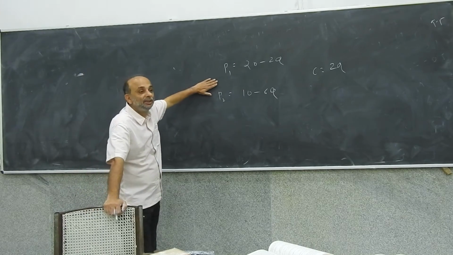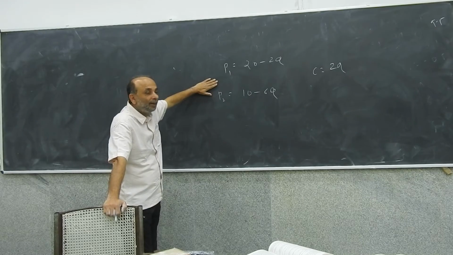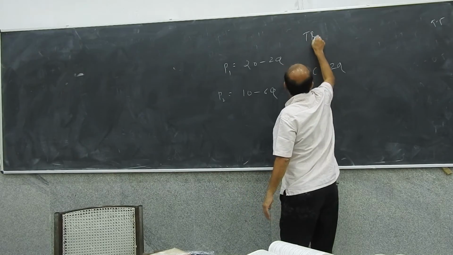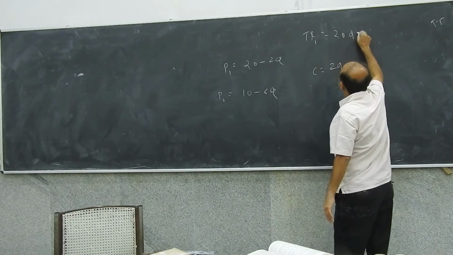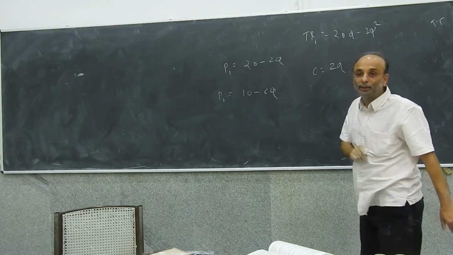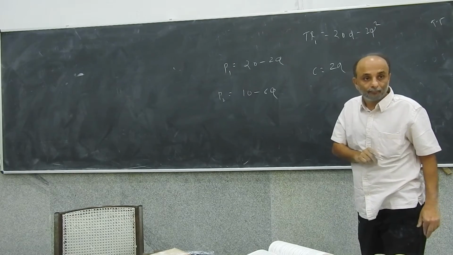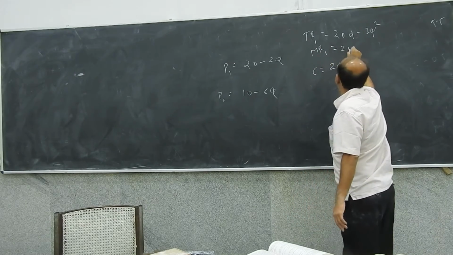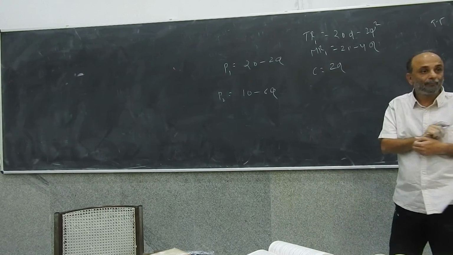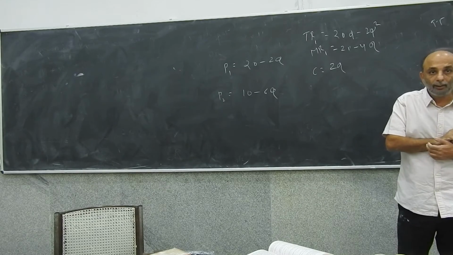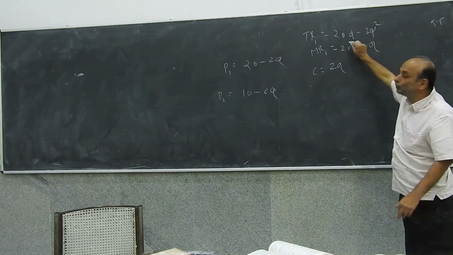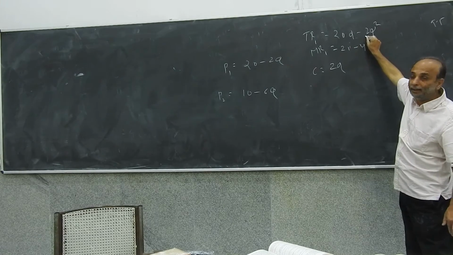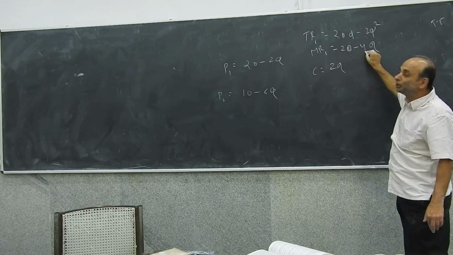First we have to find out the elasticity of demand. How do you find elasticity of demand? First, total revenue in market 1, TR1, is 20Q minus 2Q squared. So marginal revenue is 20 minus 4Q.